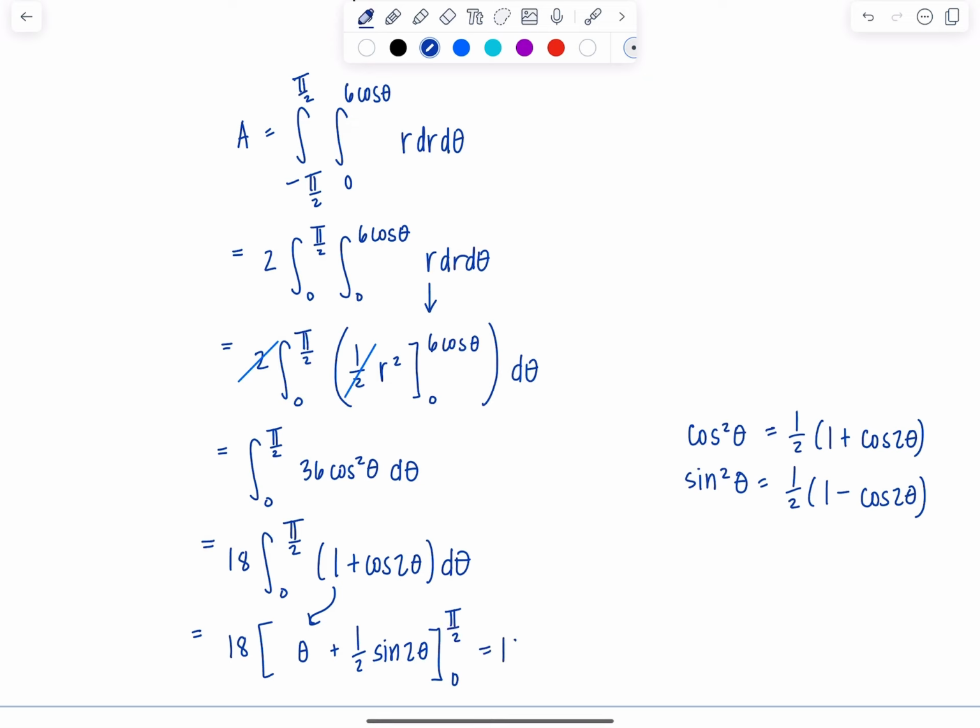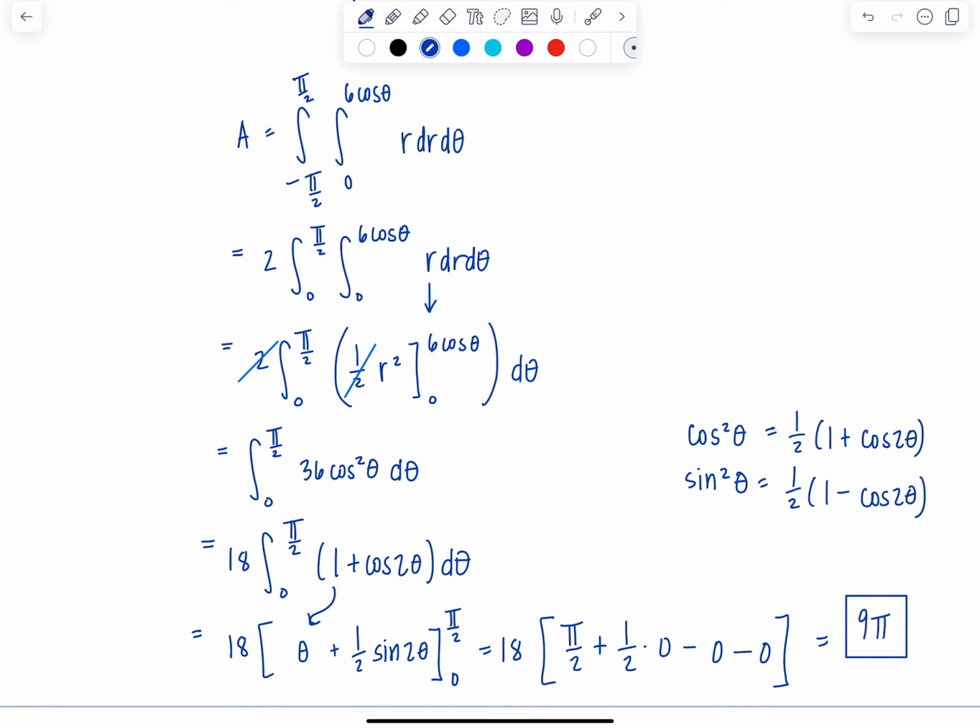So this is 18 times pi over 2 plus 1/2 times sine of 2 times pi over 2, which is sine of pi, which is 0, minus 0 minus sine of 0 which is 0. So what is this? 18 times pi over 2, 9 pi. So nice.